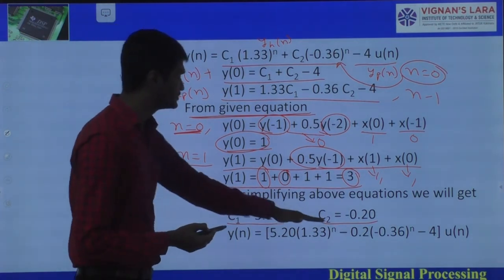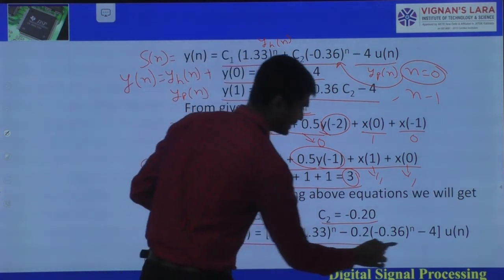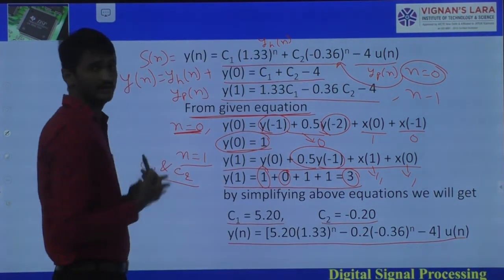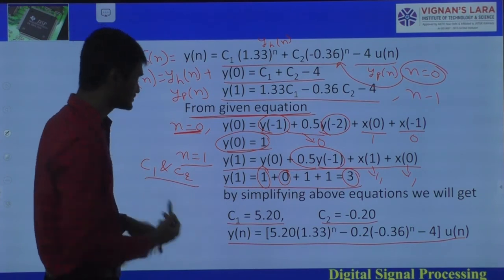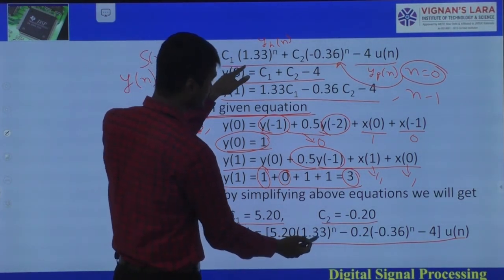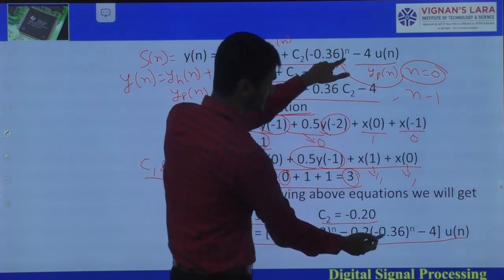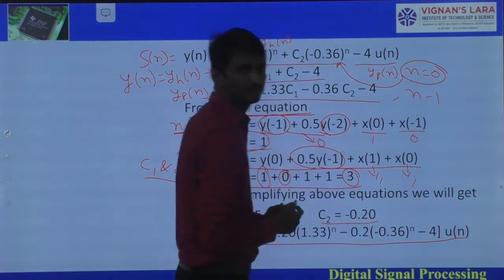Now we substitute these in the equation. That is the total response of the system, or the required step response: y[n] is equal to 5.2 into 1.33 whole power n minus 0.2 into minus 0.36 whole power n minus 4 into u[n].